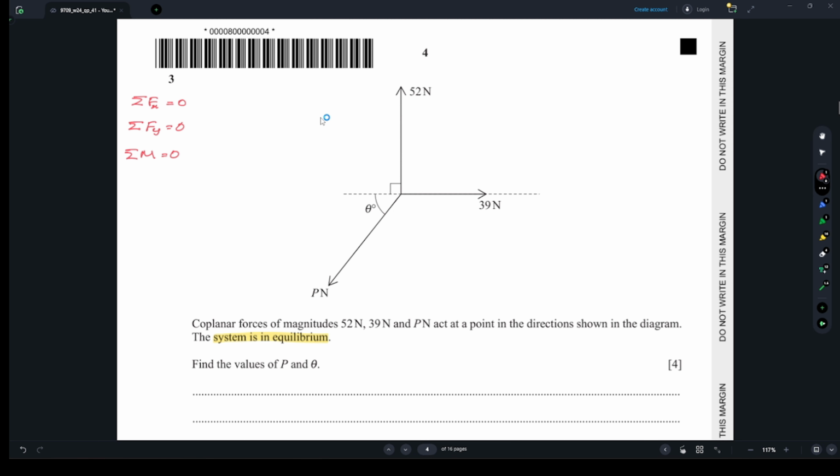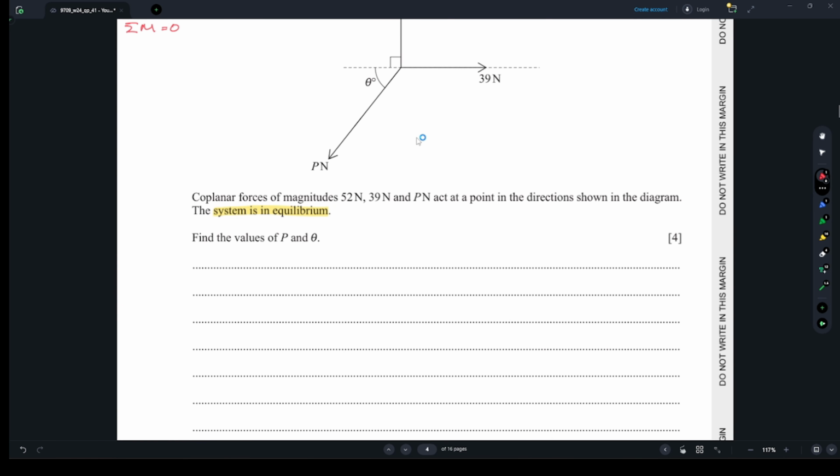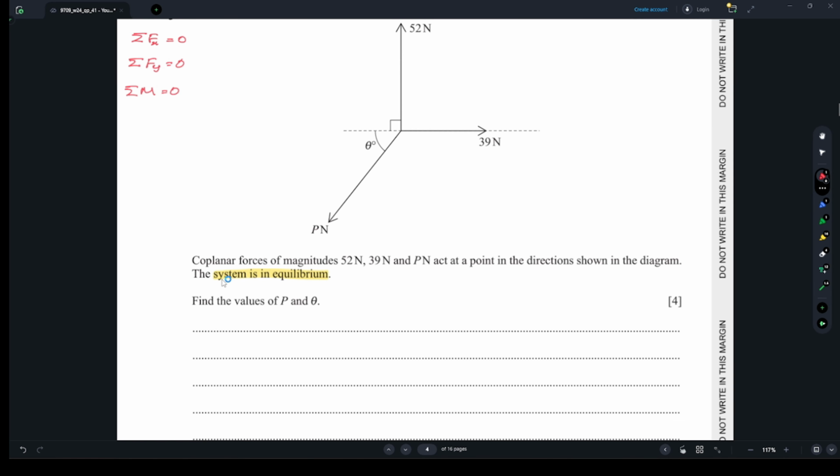So this is the condition for a system to be in equilibrium. If it is 3D, then we have to consider all the forces in z direction too, and you don't have that one here. So when they say that the system is in equilibrium, you have to remember this concept. Now find the values of P and theta.